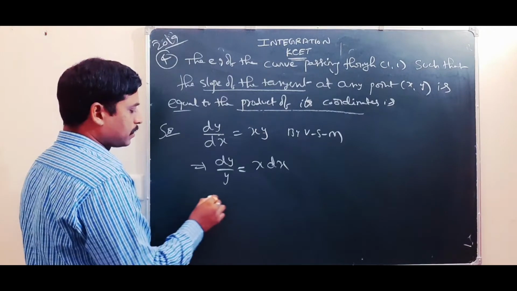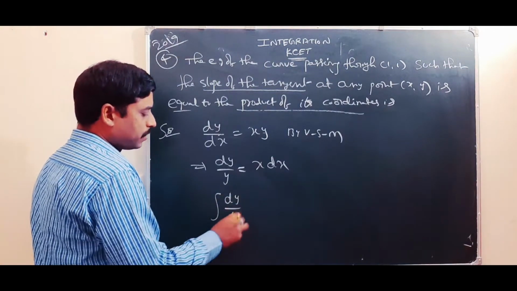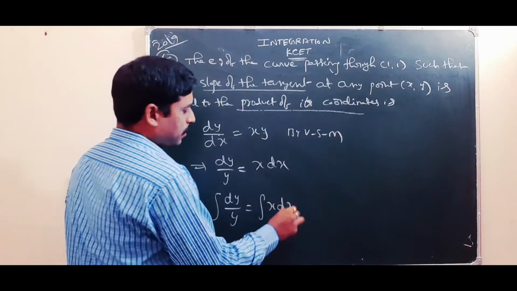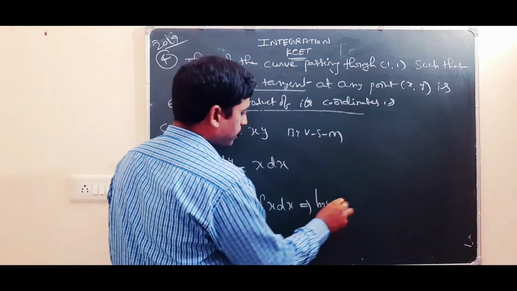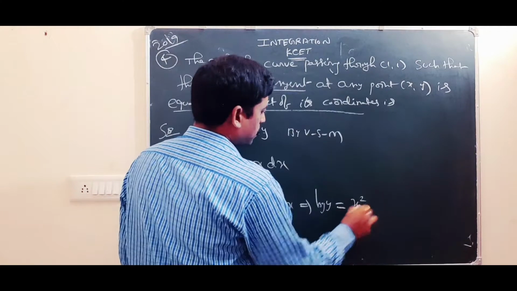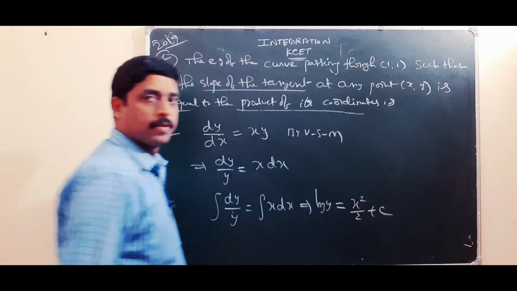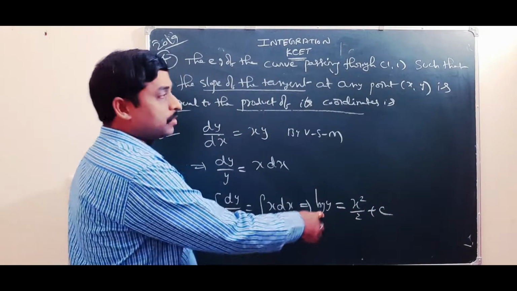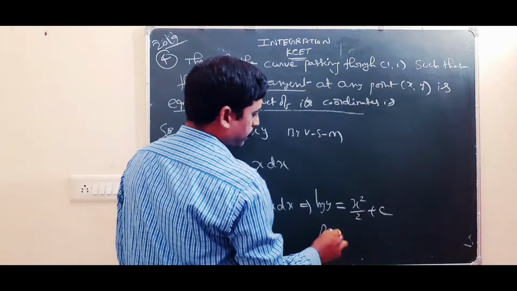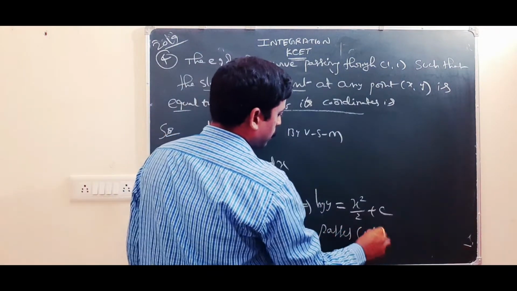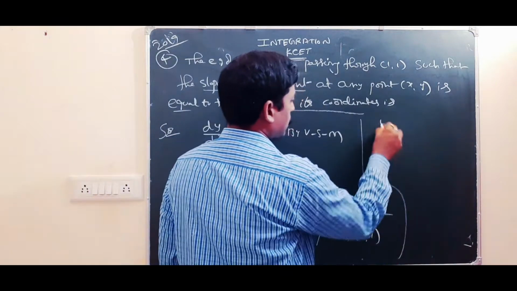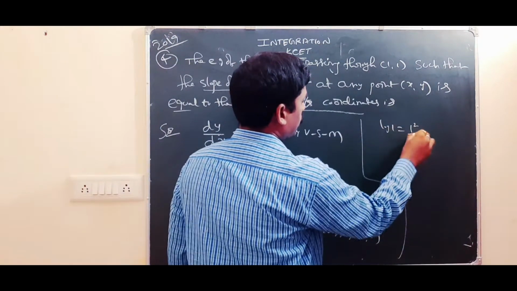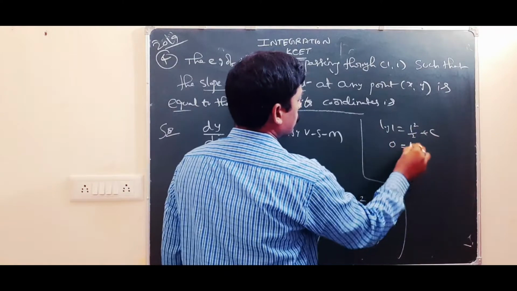Okay, now applying integration on both sides. Integral dy by y is equal to integral x dx. So integral dy by y is nothing but log y. Integral x dx value is x square by 2 plus c. Okay, this curve passes through the point (1,1). On the xy plane, substitute (1,1). This will be log 1 is equal to 1 square by 2 plus c. Log 1 is 0.